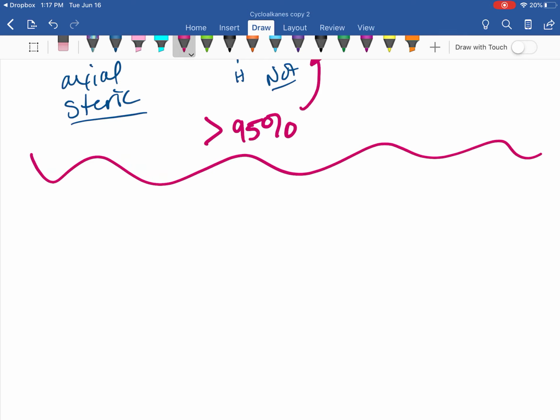So I want to just take a second before we practice drawing these. And we may stop this video and have cycloalkanes number 3 and just draw our chair. But let's just take a second. What if we are looking at something like this? Our skeletal is just getting everything attached.